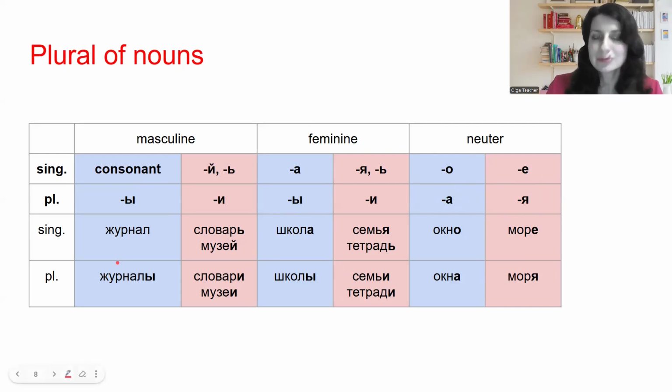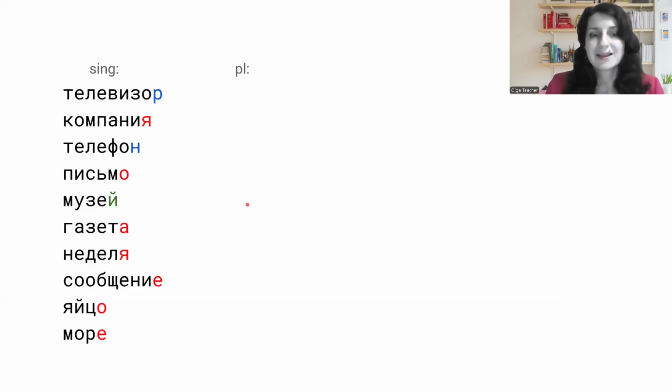And now, taking into account the phonetic phenomenon about hard and soft consonants, you understand why they have two options and how to understand y or e, a or ya. Let's practice. We study and we need to make it automatic, so we need to practice and practice a lot. Pause the video, write down your answers, and then we will check it together.